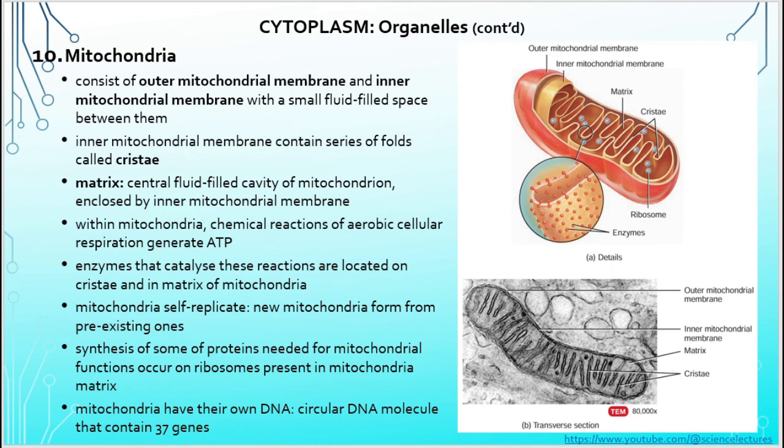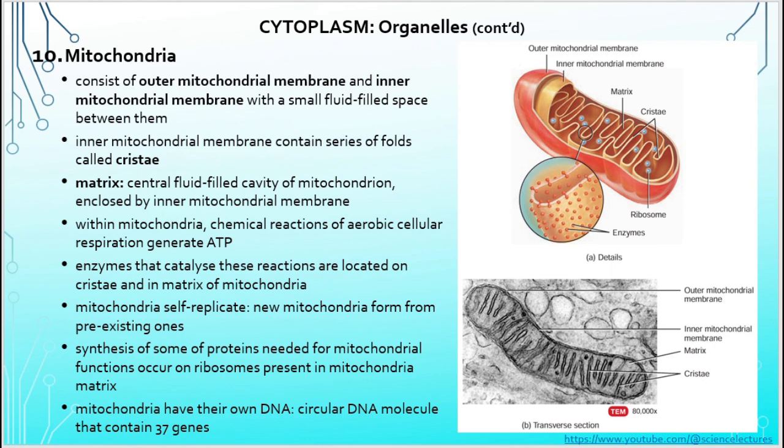Active cells, such as those found in the muscles, the liver, and the kidneys, which use ATP at a high rate, have a large number of mitochondria. Mitochondria are located in cells that use oxygen or in those parts of the cell where ATP is used. For example, in muscle cells, they are near the contractile proteins.